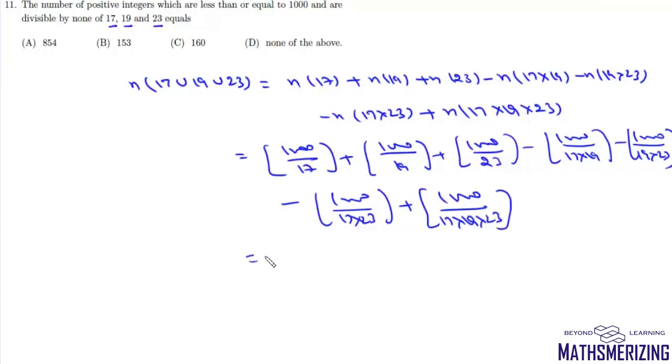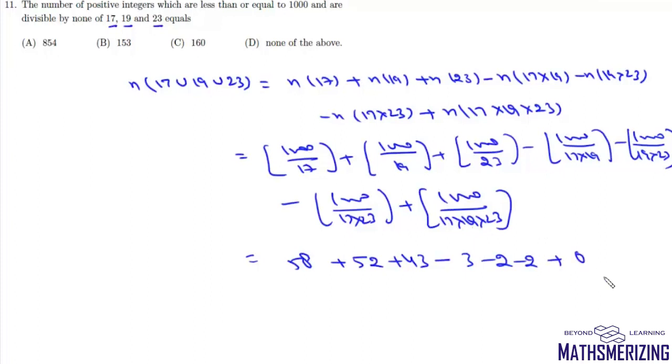Now this number is 58 plus 52 plus 43 minus 3 minus 2 minus 2, and then 1000 divided by 17, 19, 23, it is simply 0.